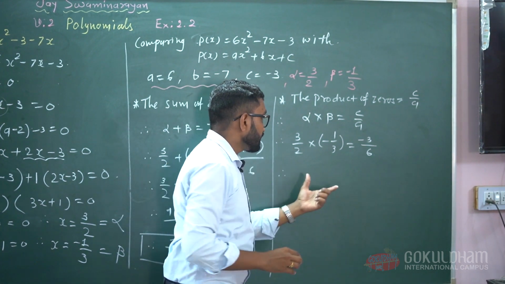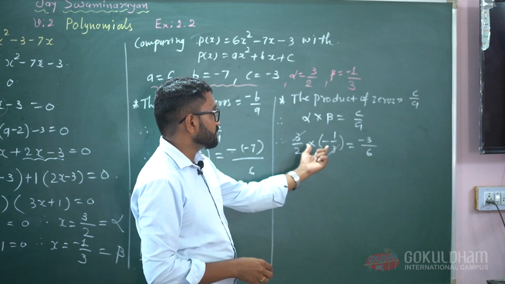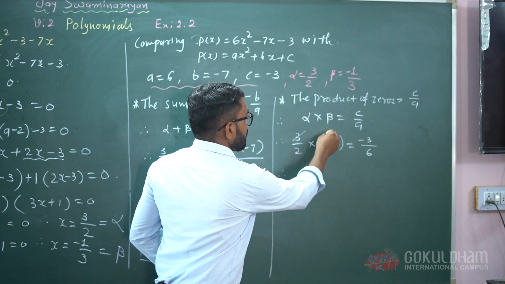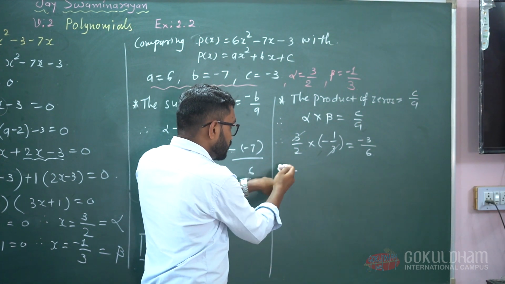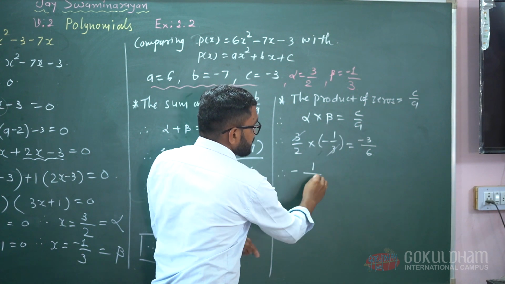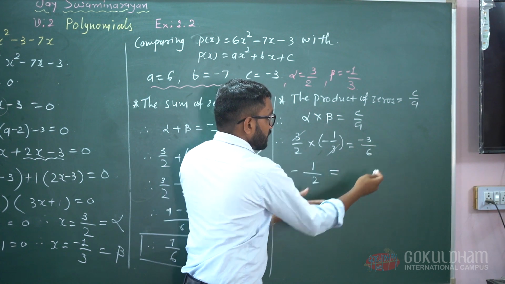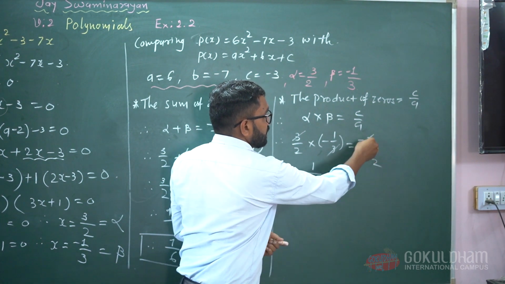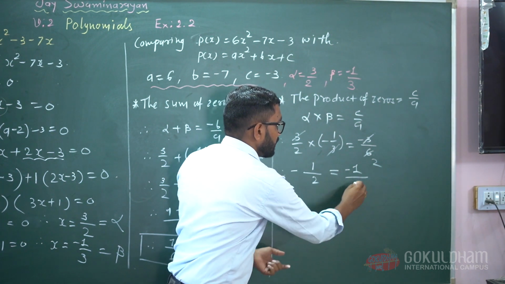Now multiplication. Here the 3s cancel out because the relation is multiplication. In the numerator minus is common, so take it outside. The numerator is 1 and the denominator is 2. On this side, 3 into the 6 cancels, so the numerator is 1, therefore here we put 1 by 2.